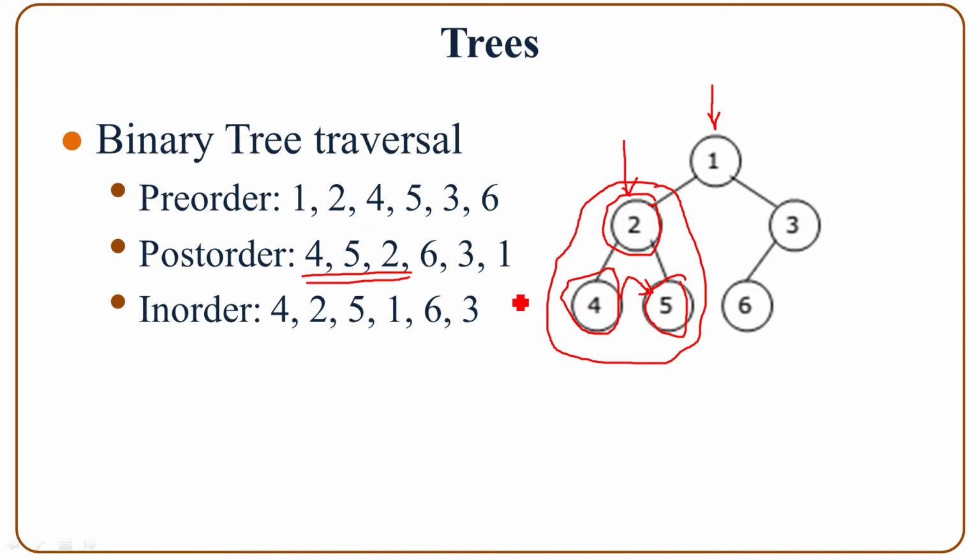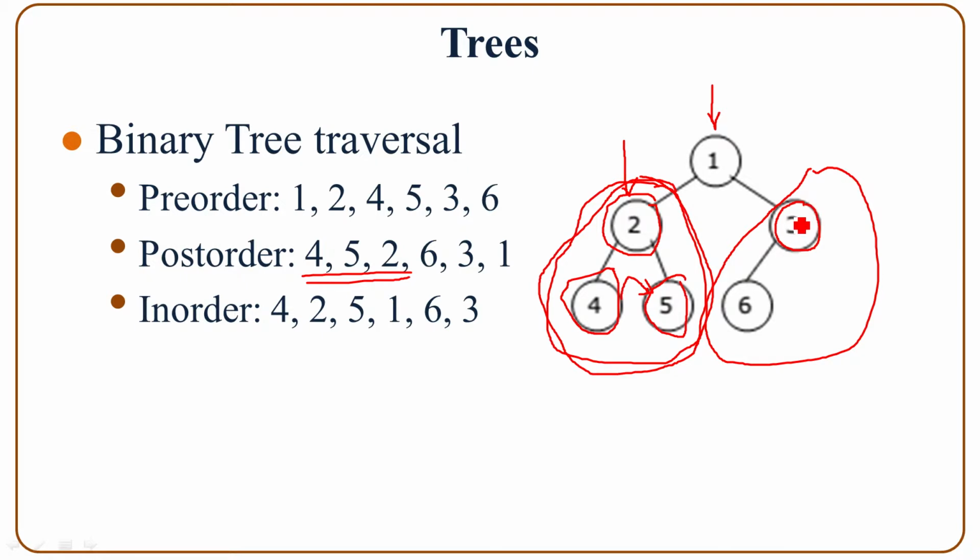So once we are done with the whole left subtree of node 1, we move on to the right subtree of node 1. The root of the right subtree is node 3.